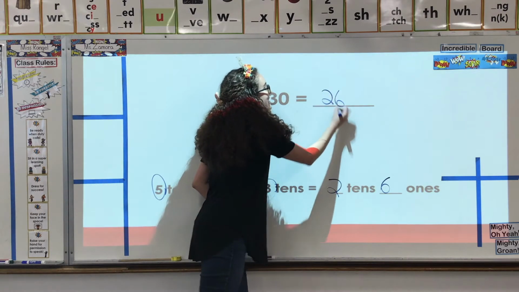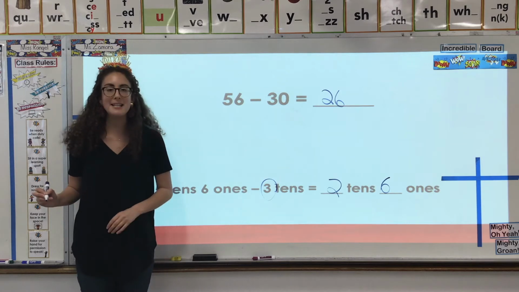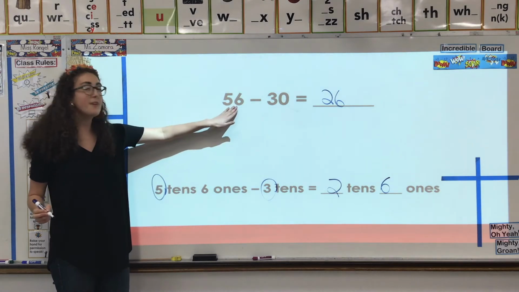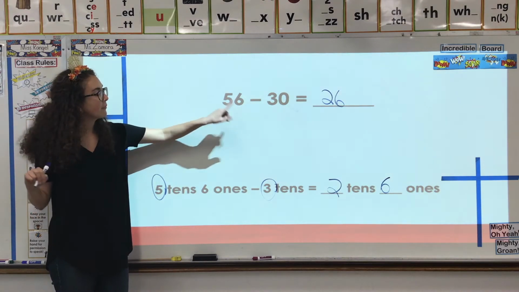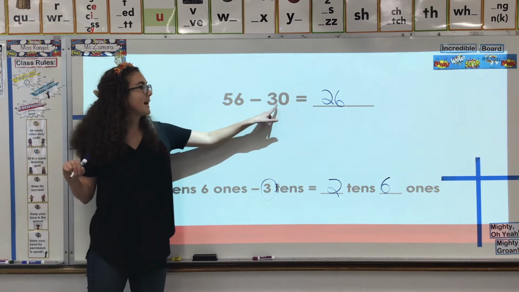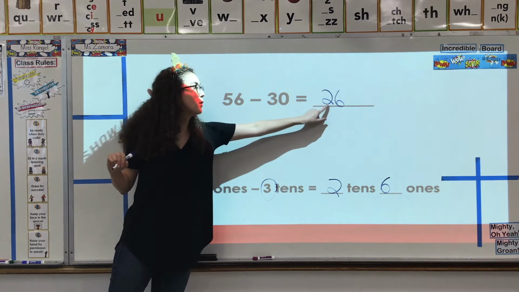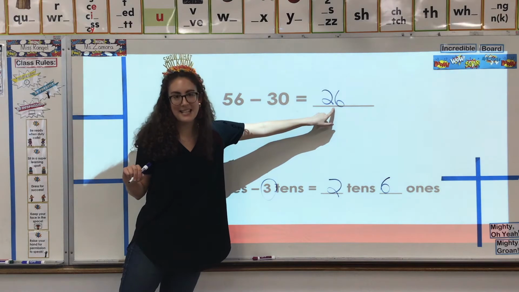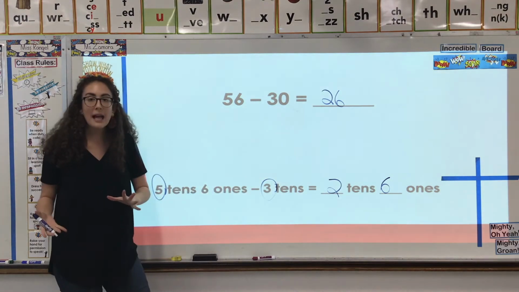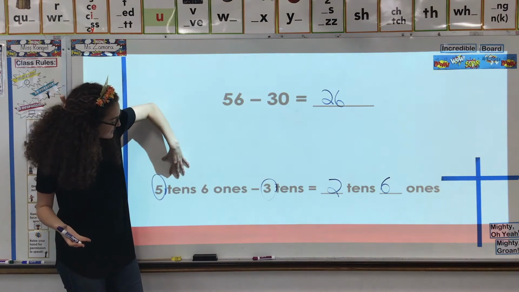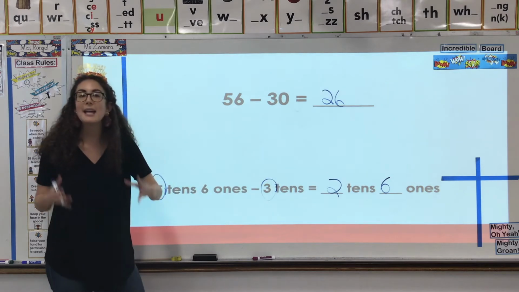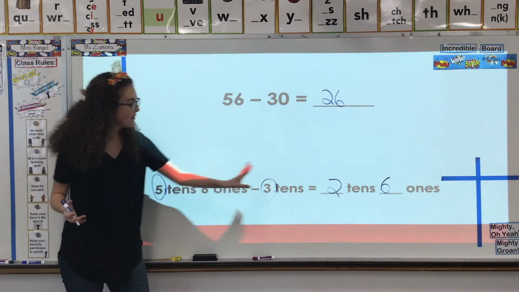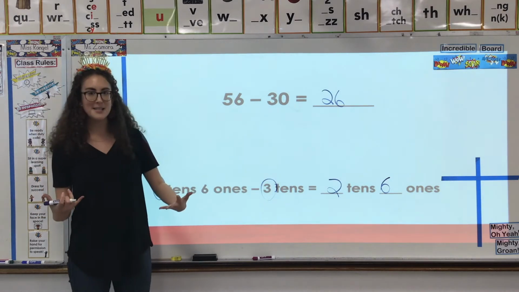It's 26, of course. Good job. Our final sentence reads, 56 minus 30 equals 26, which we were able to solve by just subtracting from that tens place. 5 minus 3 tens.